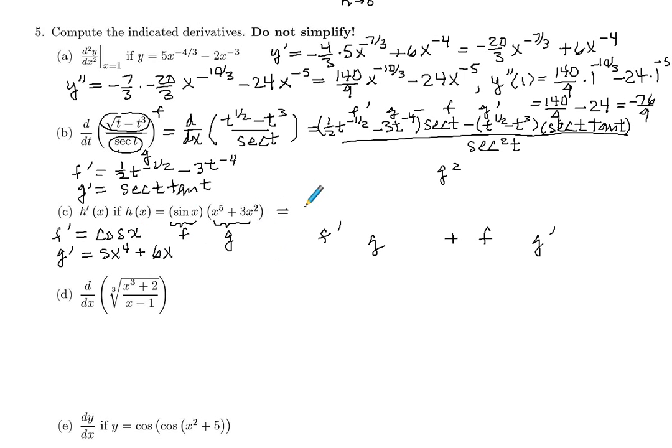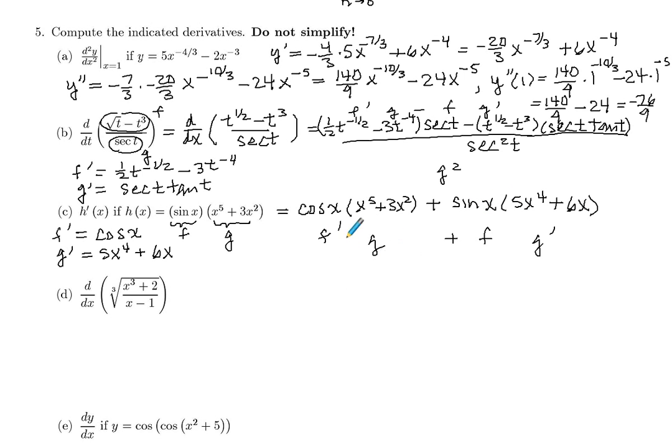So f prime is cosine x times our g, which is right here, x to the 5th plus 3x squared, and then plus f, which is sine x, times our g prime, which is down here, 5x to the 4th plus 6x.